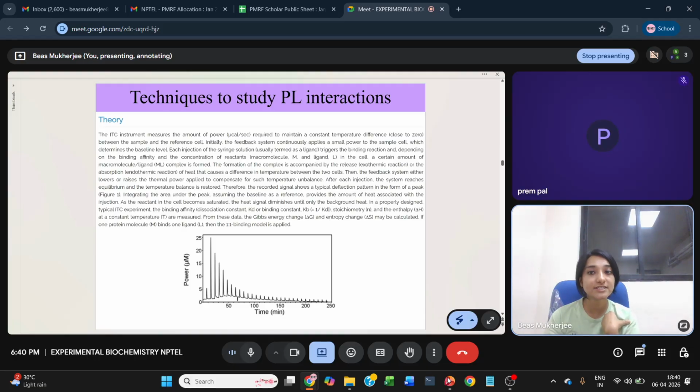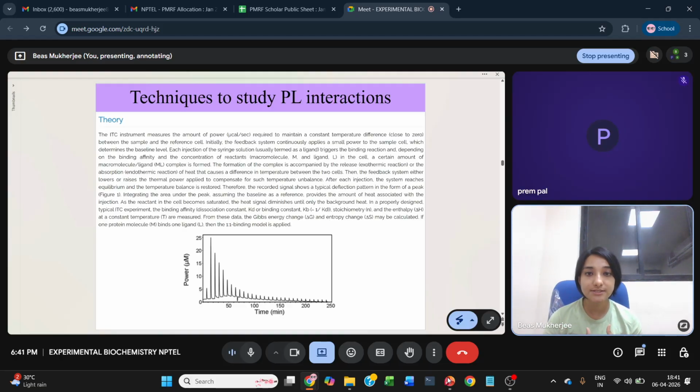Each injection from the syringe, usually termed the ligand, triggers the binding reaction depending upon the binding affinity and concentration of the reactants, that is macromolecule M and ligand L in the cell, and a certain amount of macromolecule-ligand complex or ML. The formation of the complex is accompanied by release of heat, an exothermic reaction, or absorption of heat, an endothermic reaction, that causes a difference in the temperature between these two cells, right?